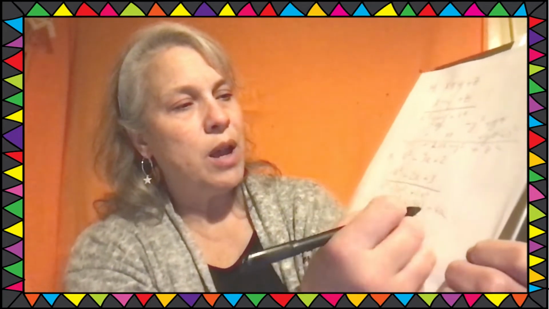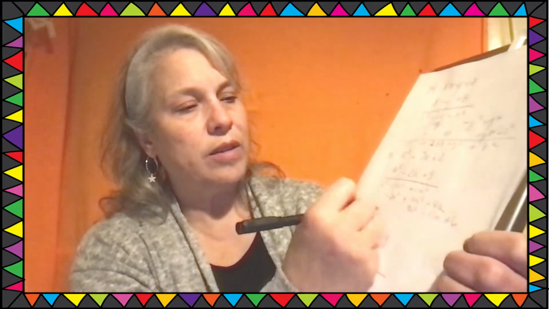So 3a squared. So I'm going to move that over here. 3 times a squared is 3a squared, minus 21a, plus 6.